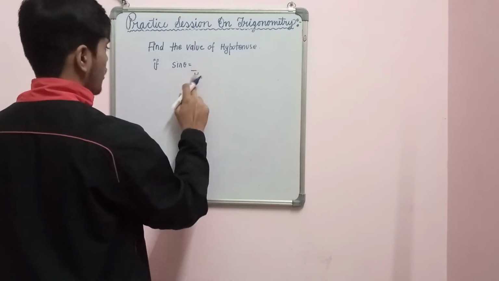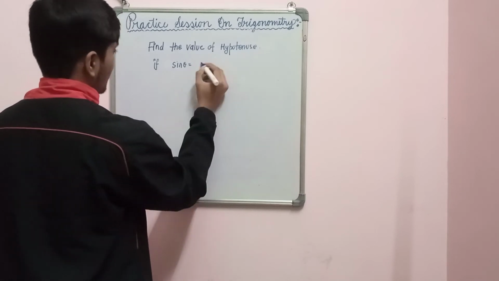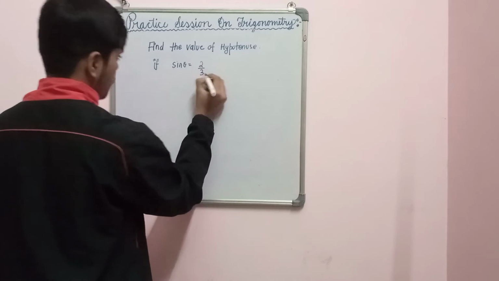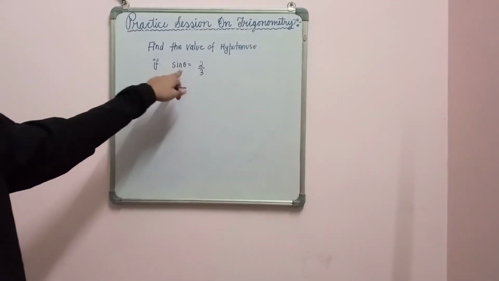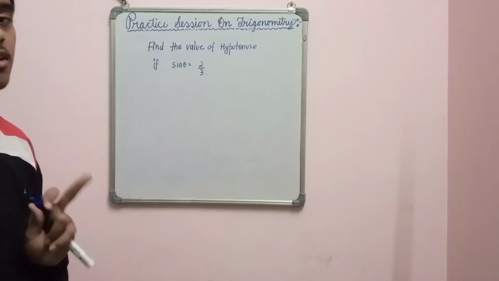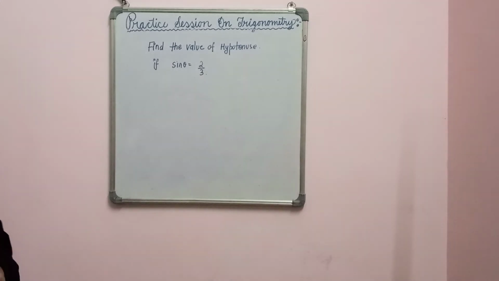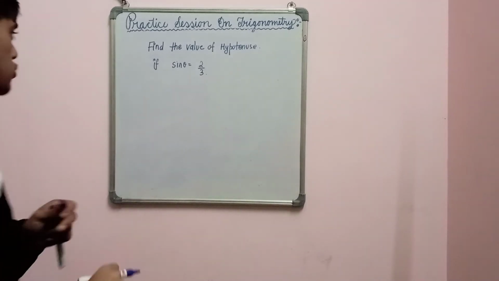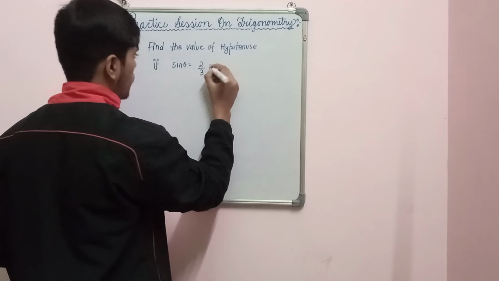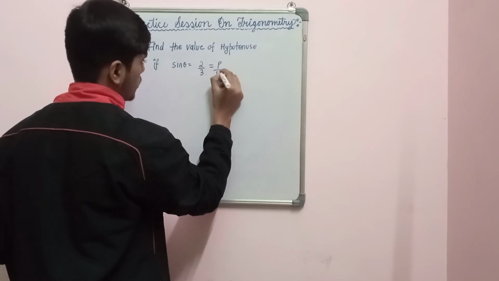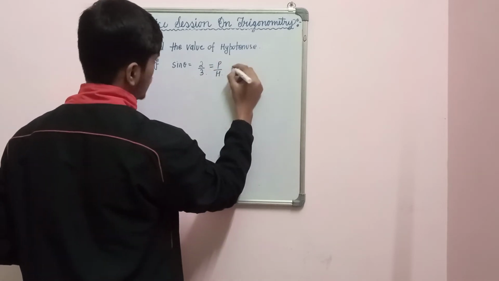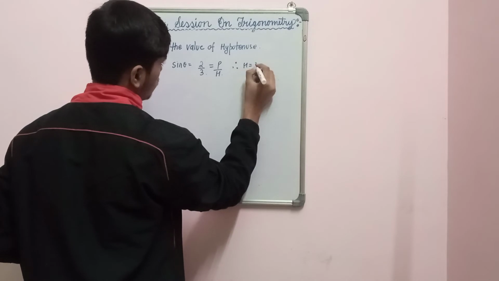Sorry, it is 2 upon 3. Okay, so sin theta is 2 upon 3. We have to find the value of hypotenuse. Now it is very easy. You also know that it is very easy. This is perpendicular and this is hypotenuse, and you will say that therefore hypotenuse is equal to 3.